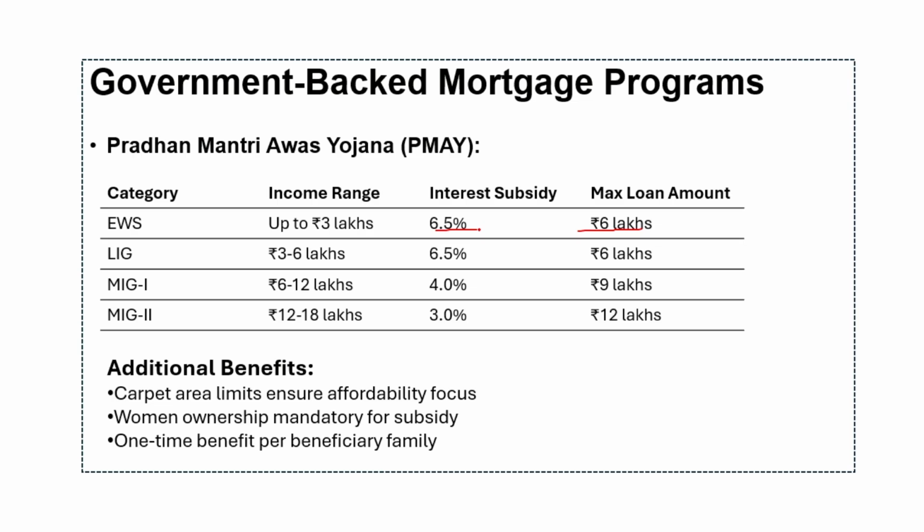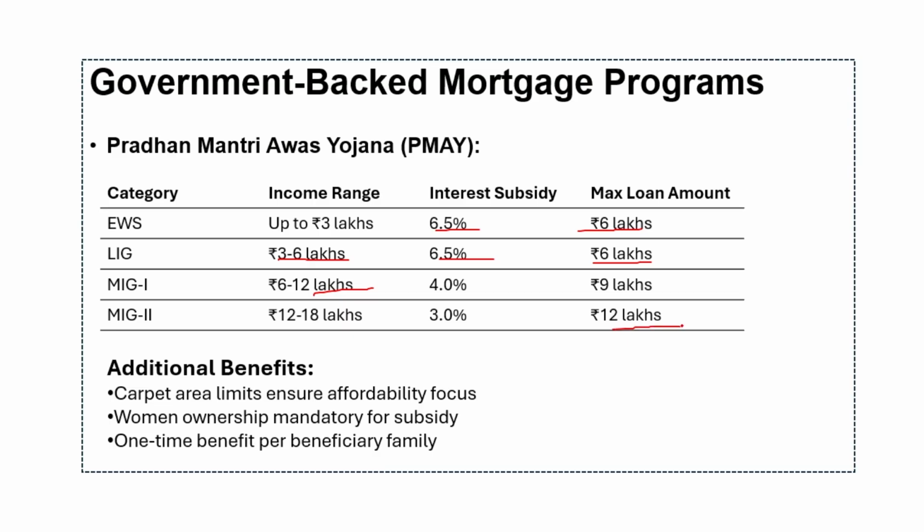And we have the next category, 6.5%. We have 6 lakhs maximum loan amount, MIG 6 to 12, interest subsidy for 9 lakhs, and we have MIG 12 to 18 lakhs, we have subsidy of 3% for maximum loan amount 12 lakhs.